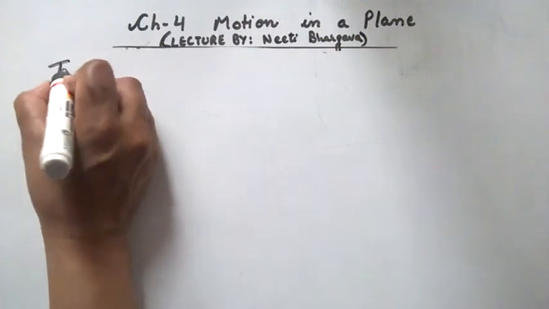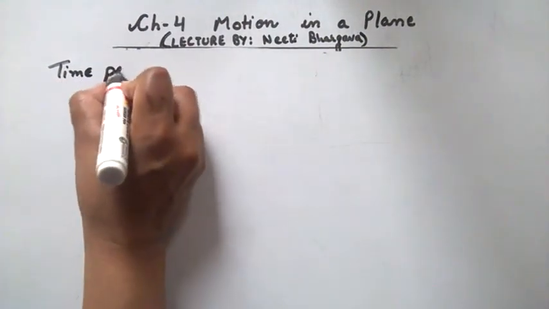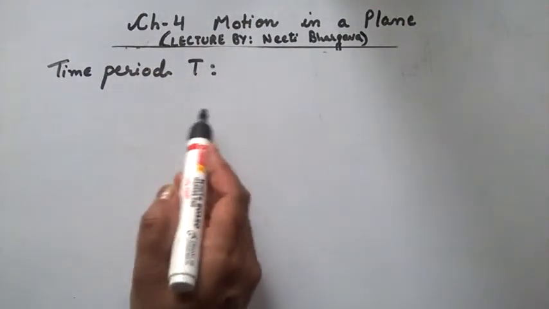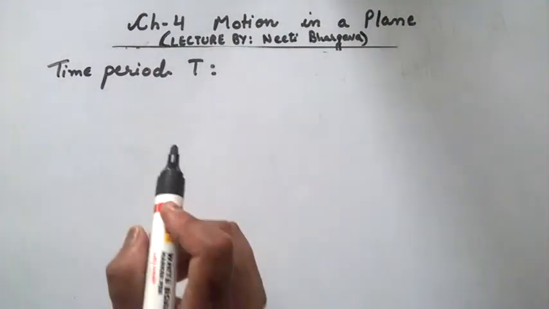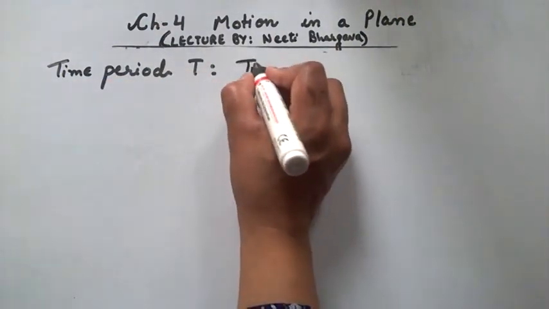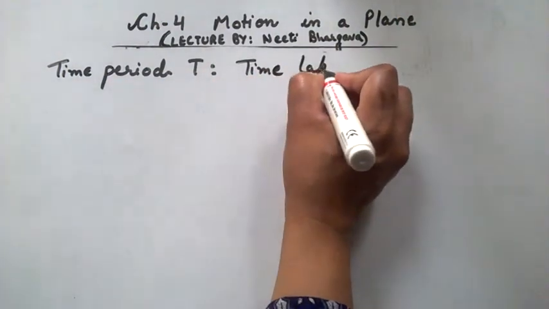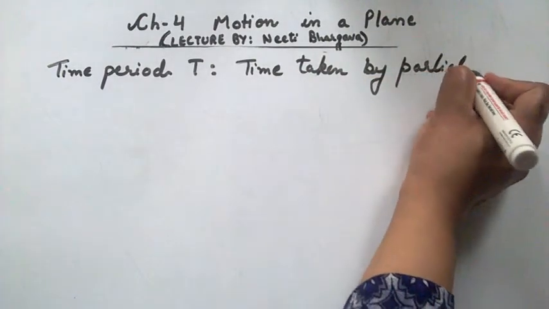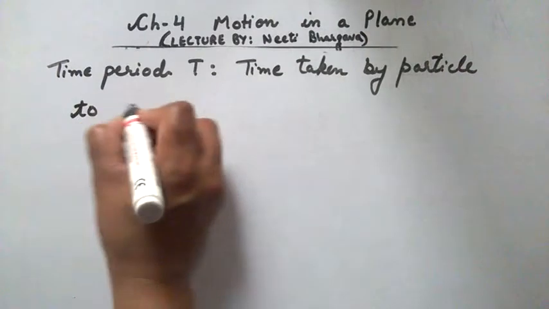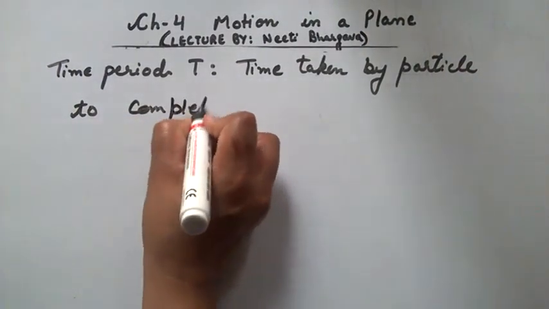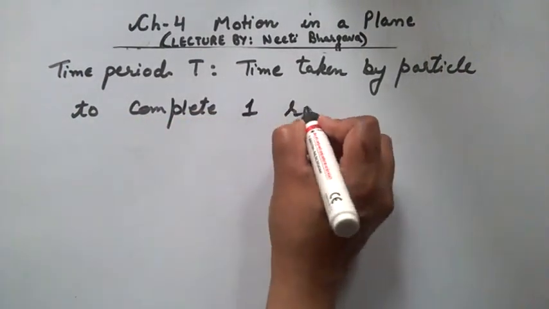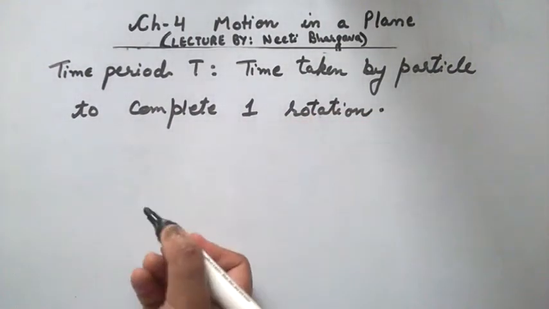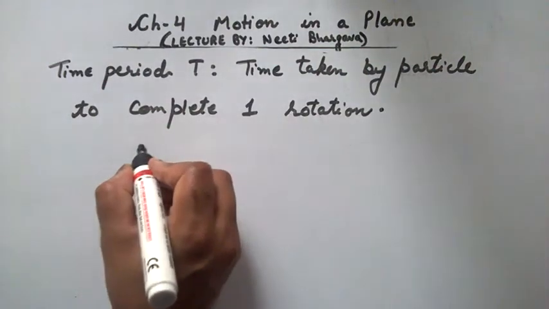Let's discuss time period. It is denoted by capital T and it is the total time taken by a particle in one complete rotation. Let's find the relation between angular speed or angular velocity and time period.